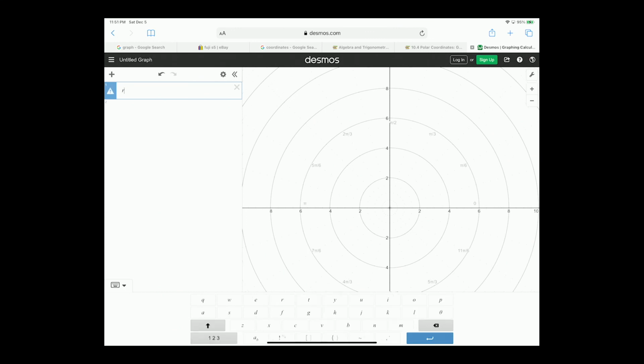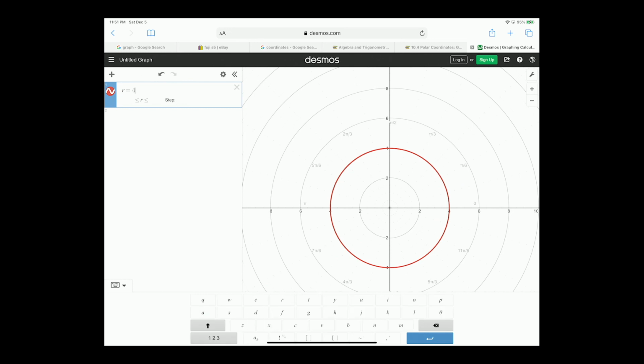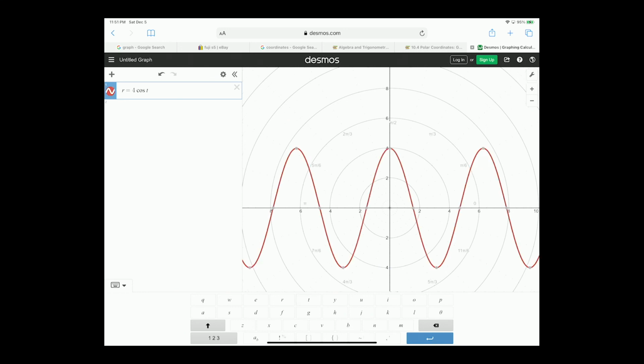R equals, how do I get an equals? Equals, and what did we just plot? Was it 5 or 4? I don't know. It was 4 cosine, and we can call it T, maybe. That's not what we wanted.